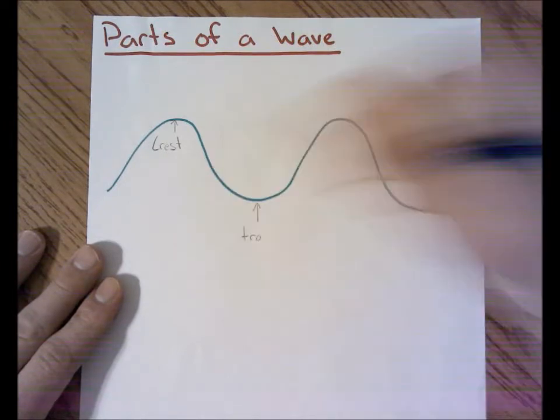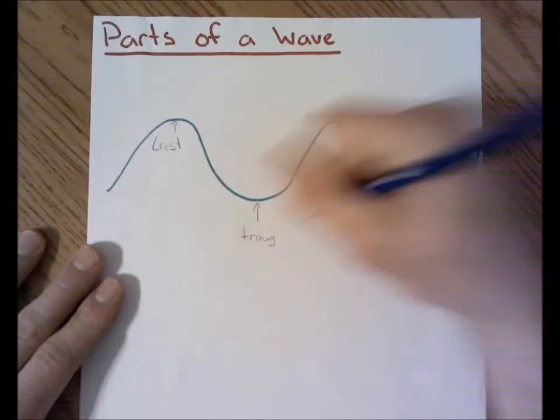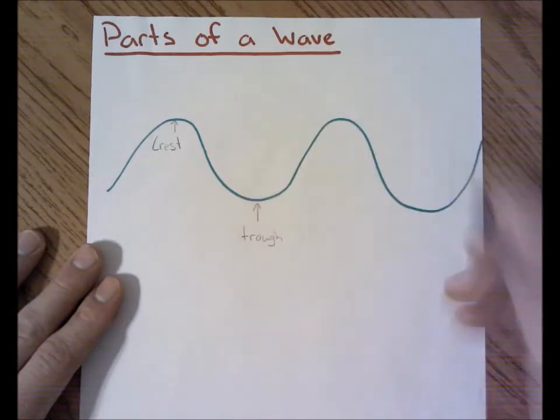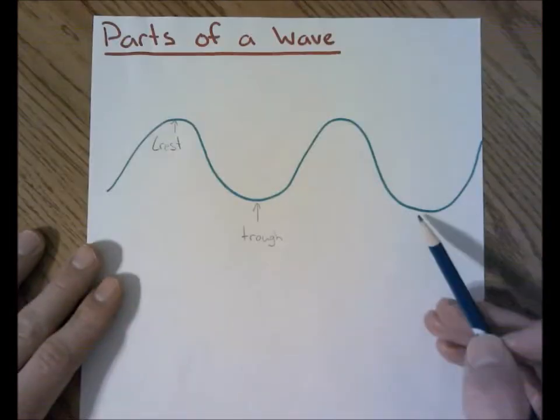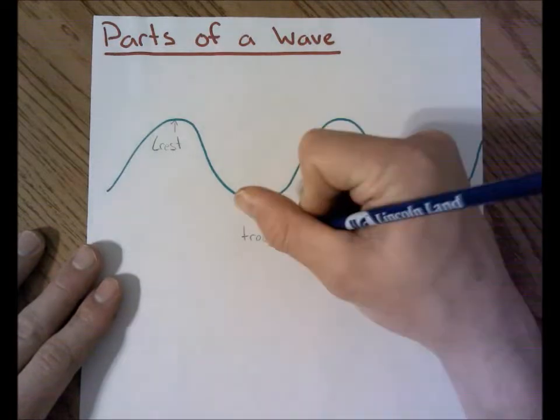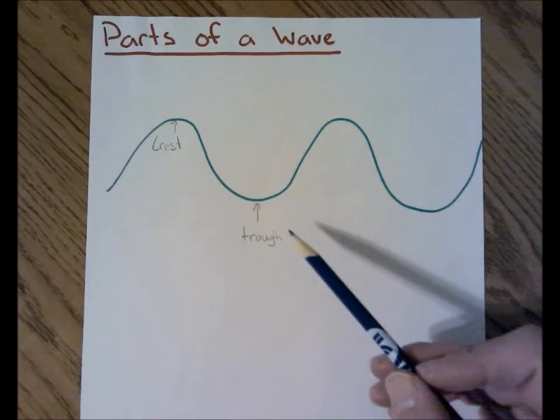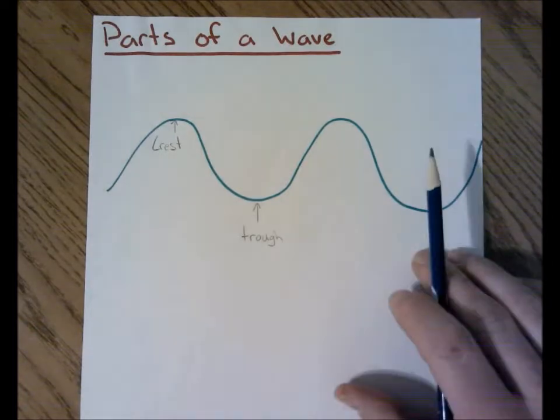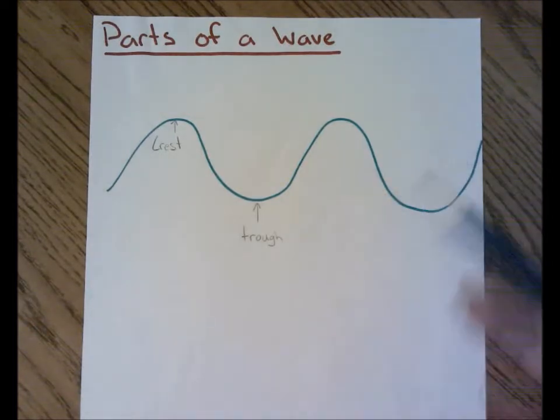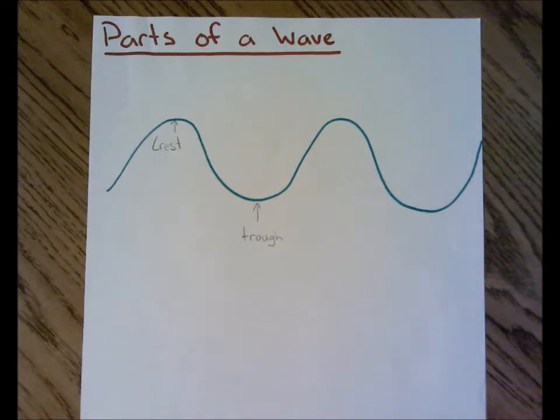Now, again, that trough repeats itself over here on the right hand side. We are going to go in section 2 into a little bit more detail about the specific definitions of each of these things. This is just outlining where these items are.